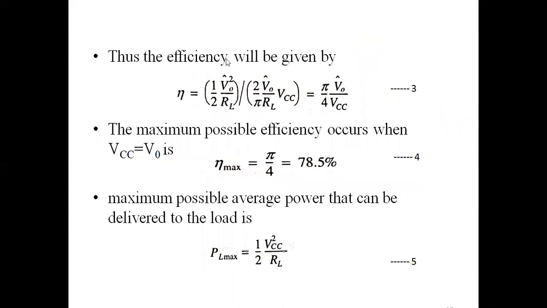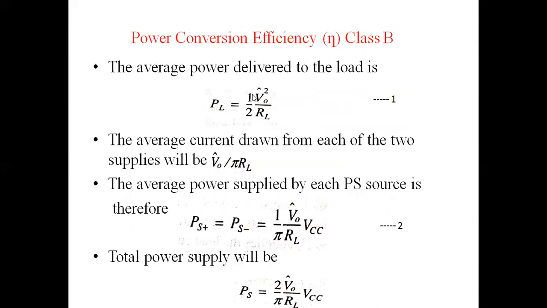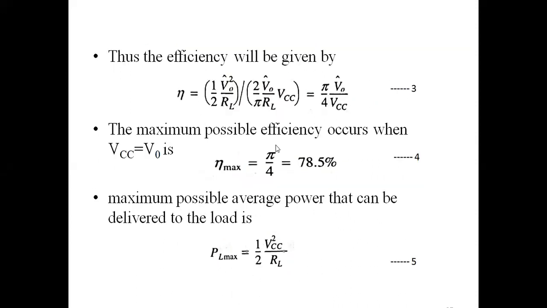Now, the power conversion efficiency will be given by the load power, which is 1 by 2 V naught cap square divided by RL, divided by the supply power PS.